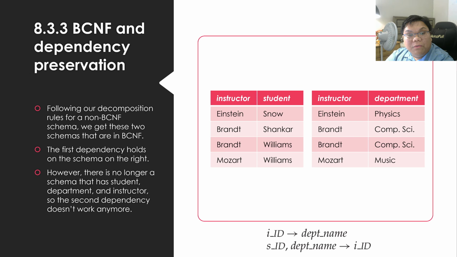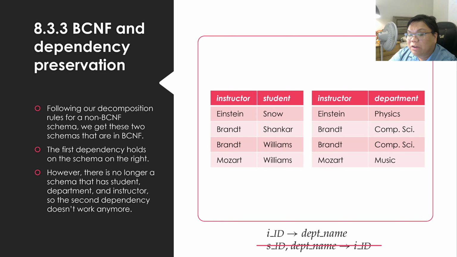So we cut this table into 2 pieces to make it into Boyce-Codd normal form, but in doing so, we ended up losing one of our functional dependencies. It no longer works.